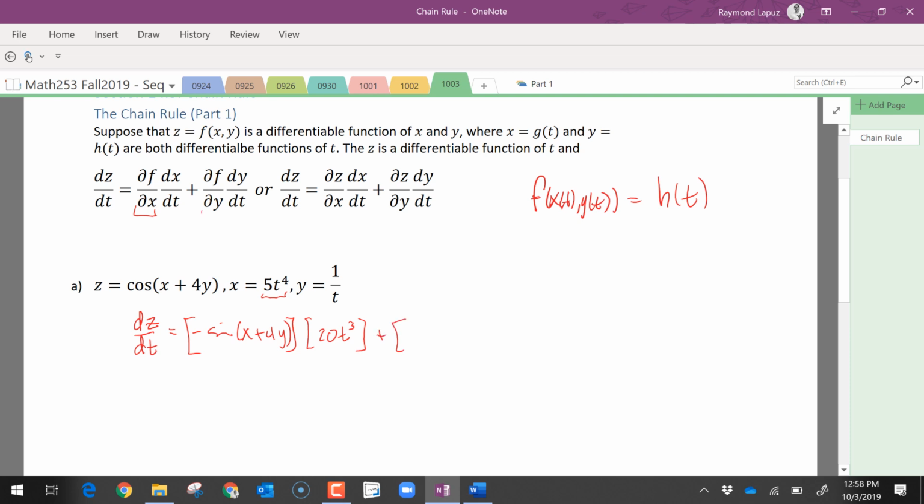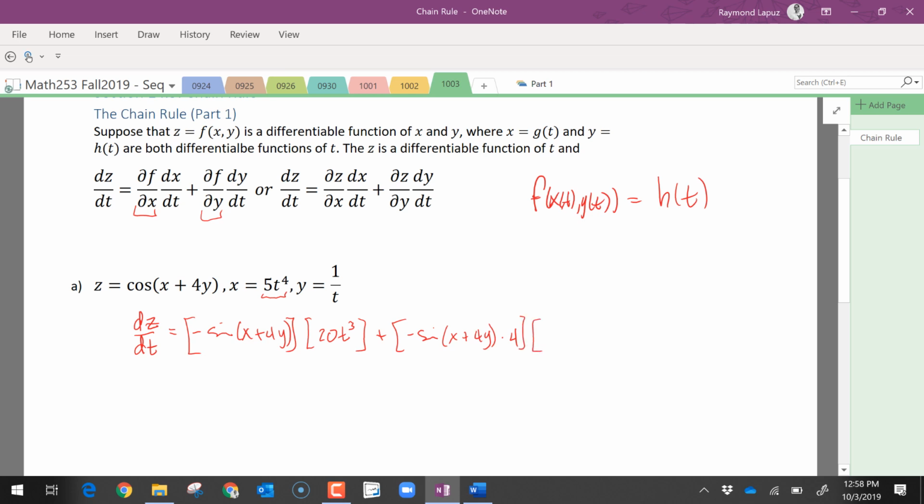And then you take the derivative of f with respect to y. So again, the derivative of cosine is negative sine. But this time when you take the derivative of the inside, you're taking it with respect to y. So the x is gone, and the derivative of 4y with respect to y is just going to be 4. So there's an extra 4 that pops out of there.